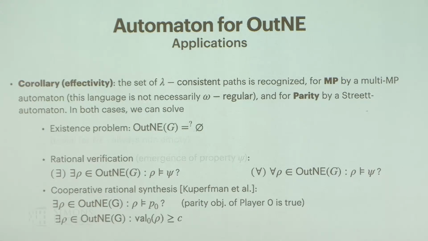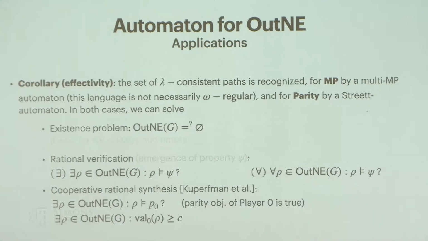So this class of automata has been studied by Rajeev Alur also 10 years ago. And so it defines languages that are not omega regular, but emptiness is decidable. And so it could be used to answer all the questions that I am after.